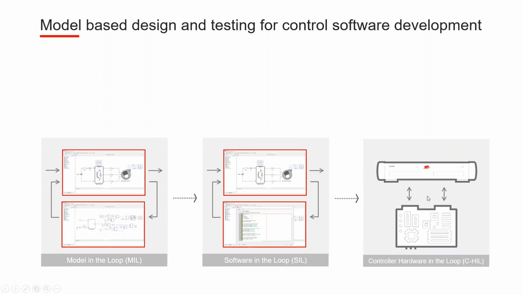So we have a real ECU that's running the actual controller code, and all the analog and digital connections to the simulator are the same as they would be in a real system. Now, this whole system, the controller plus the HIL, works in such a way that the ECU can tell whether it's controlling the simulator or a real plant.